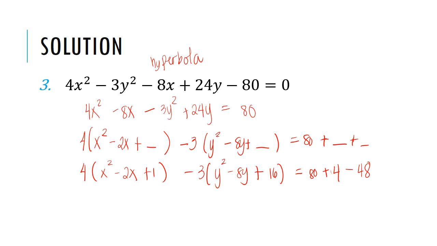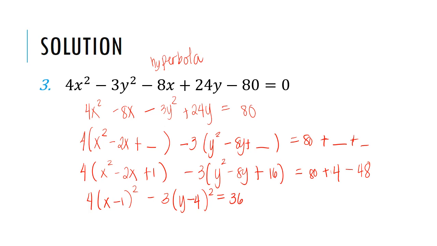So the terms inside the parentheses become perfect squares, and it simplifies to x minus 1 squared minus 3 times y minus 4 squared. And the right hand side becomes 80 plus 4, 84, minus 48, that is equal to 36.